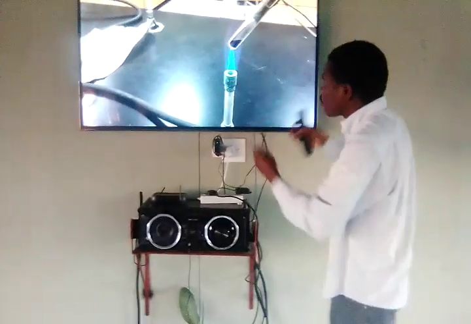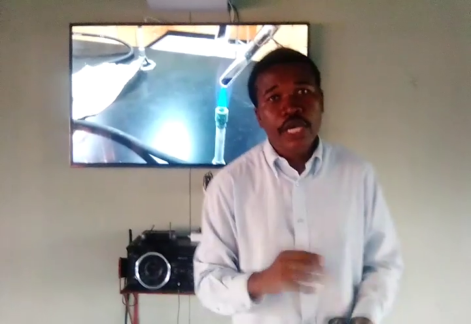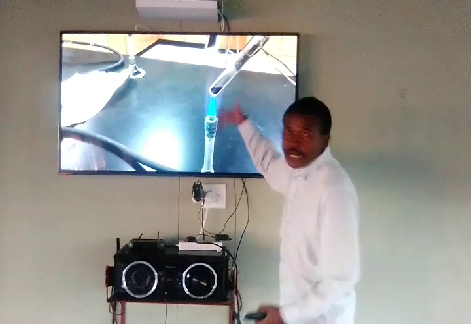So we looked at the definition, and we looked at the practical experiment. I'm hoping that you're now able to describe what you would do if you were asked how you would carry out the decomposition of copper carbonate. You would say, I'll take a test tube, I place the copper carbonate inside, and then I heat it, and it breaks apart. You are now able to explain all of those things.